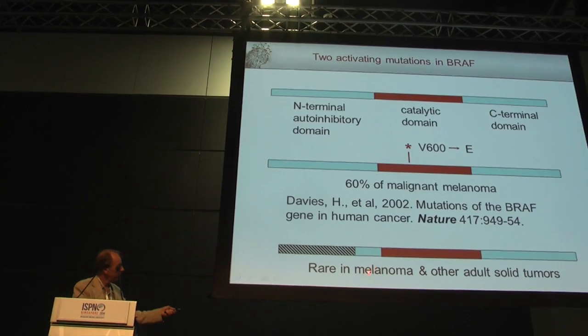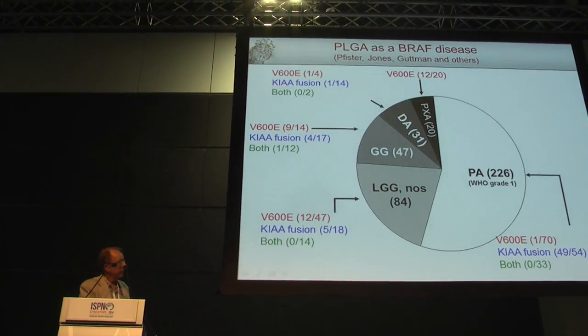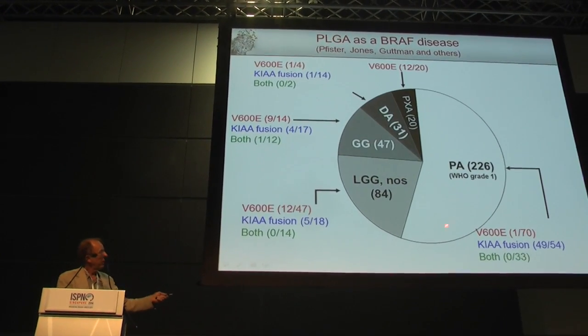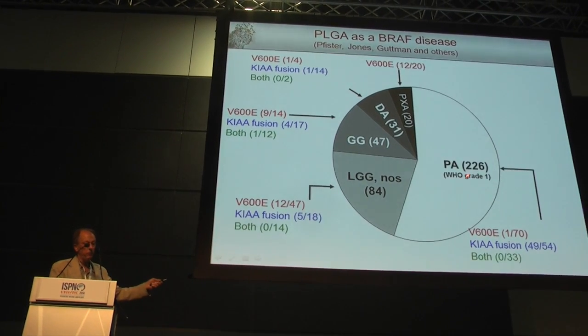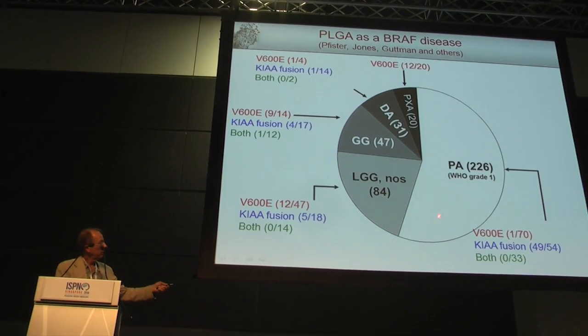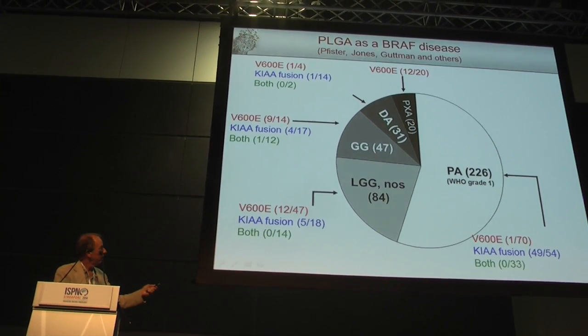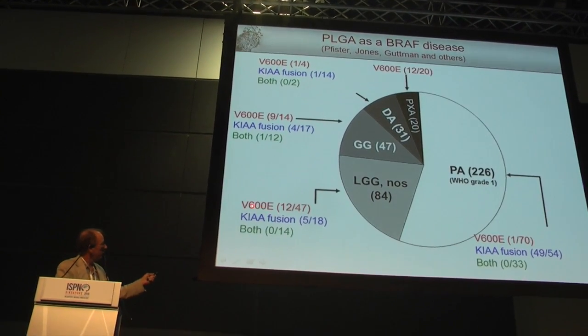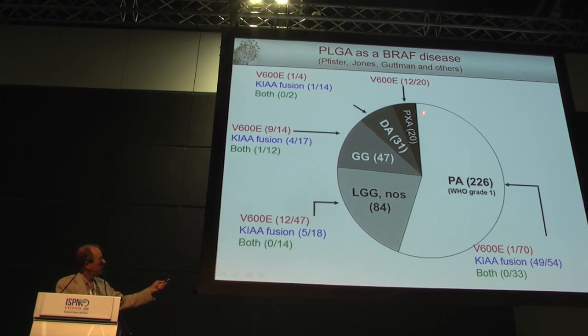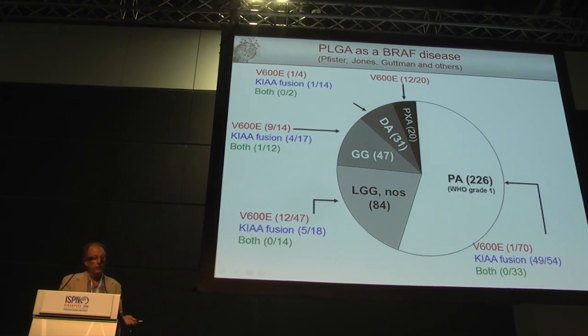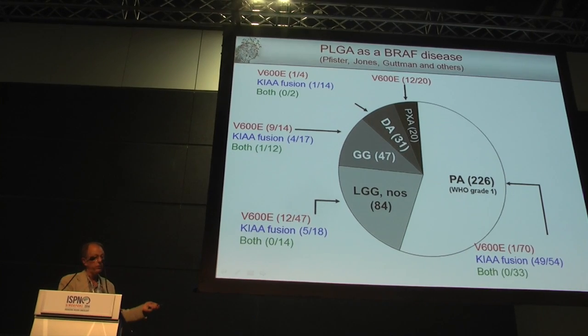This truncation fusion is rare in melanoma, but as Stefan mentioned, it practically defines the pilocytic astrocytomas, grade 1. Probably 85% of these tumors have the truncation fusion type mutation. But the melanoma type point mutations, V600E, do pop up sporadically as we move to the higher grades. Low-grade gliomas, not otherwise specified.